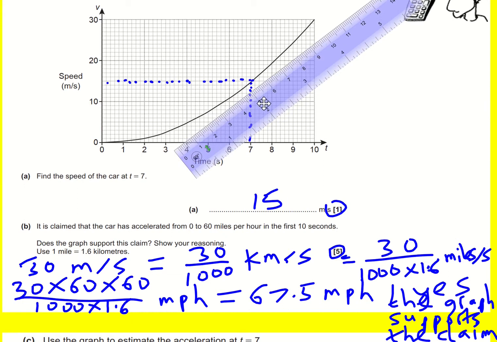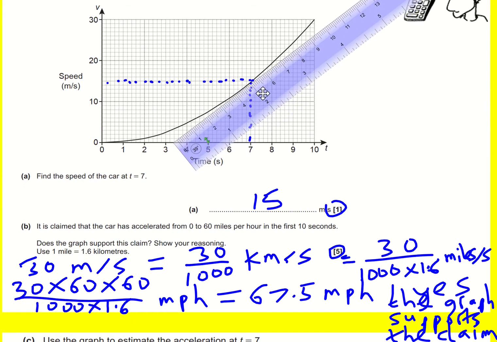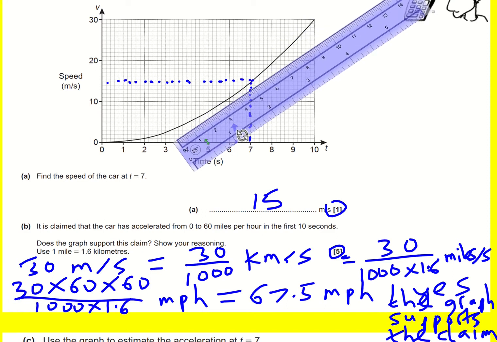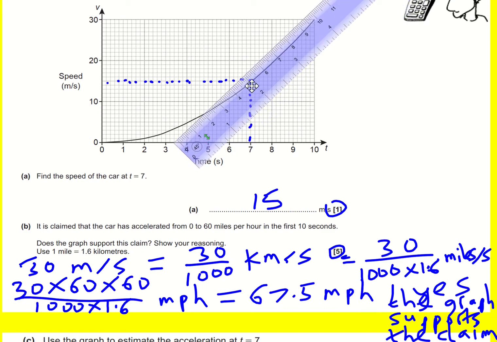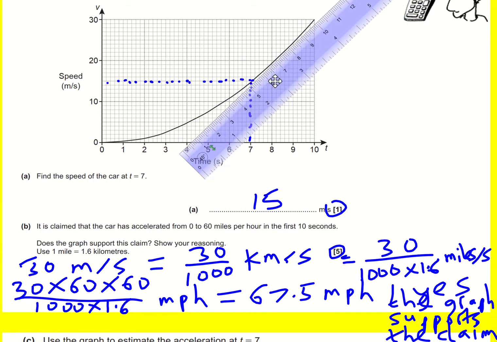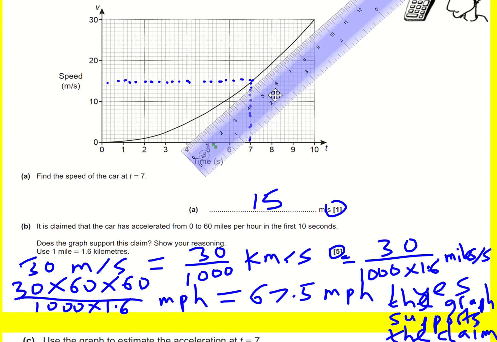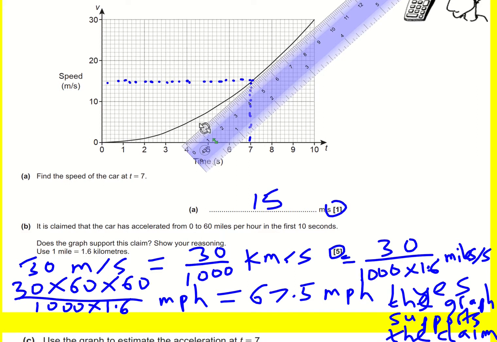Okay, that looks pretty good. A little bit more. Oh man, too much. Okay, that's pretty good. That'll do. So I can see at 7, I've lined up my ruler and it just glances off. It's not obviously intersecting it like it did before.